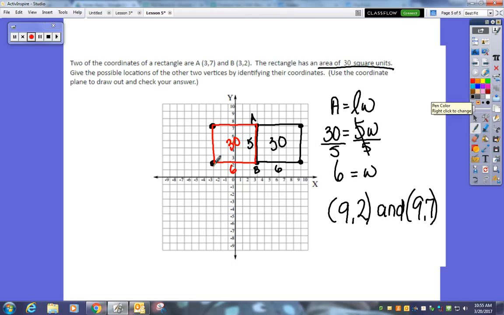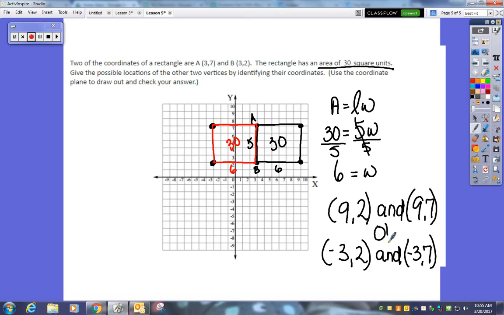The ordered pairs for these 2 points would be (-3, 2) and (-3, 7). So either of those 2 pairs of coordinate pairs would make the rectangle that we're looking for.